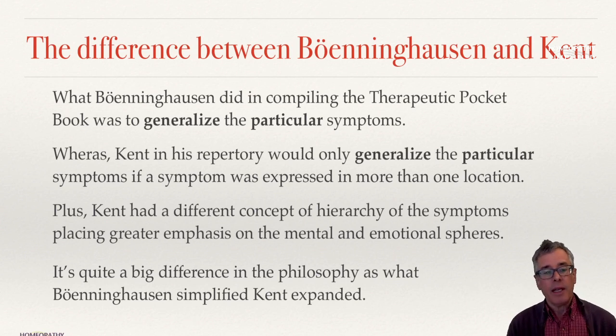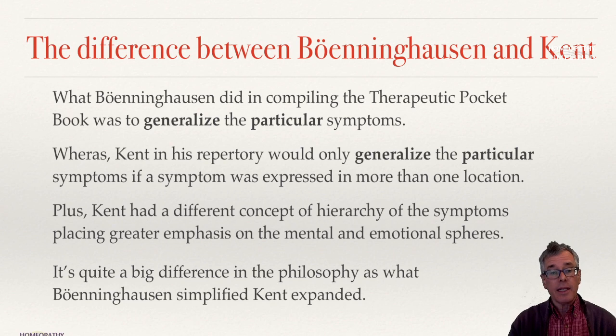But anyway, Kent also had a different concept of the hierarchy of the symptoms, placing greater emphasis on the mental and emotional spheres. So all in all, it's a big difference in the philosophies of the repertories, where, in a sense, we're simplifying the symptom state with Böenninghausen, and we're trying to expand the symptom state with Kent.